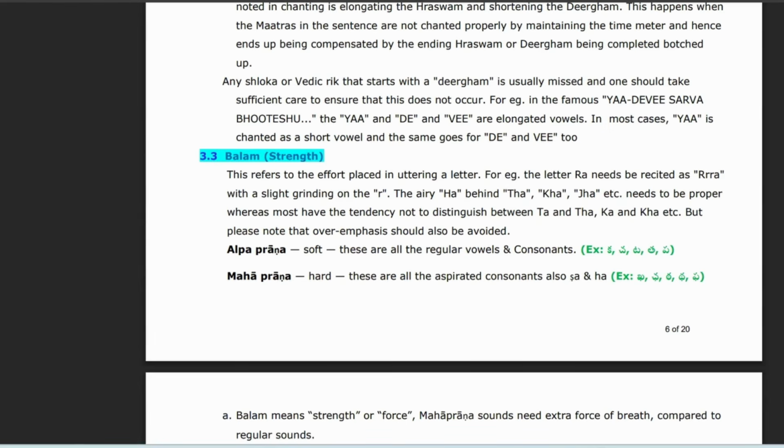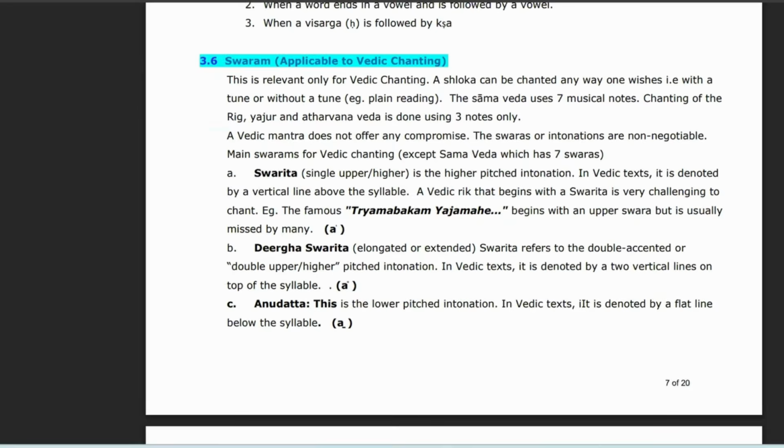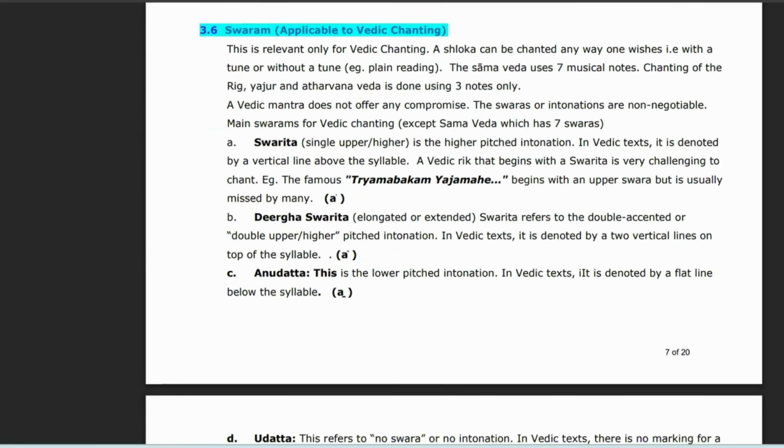And 3.6 Swaram. I'm not going to talk about Swaram in this class, because this is applicable to Vedic chanting. When we are ready to learn Suktams, we can go through these Swarams, and we have to practice this. We have to identify what these Swaras are and how you pronounce them.